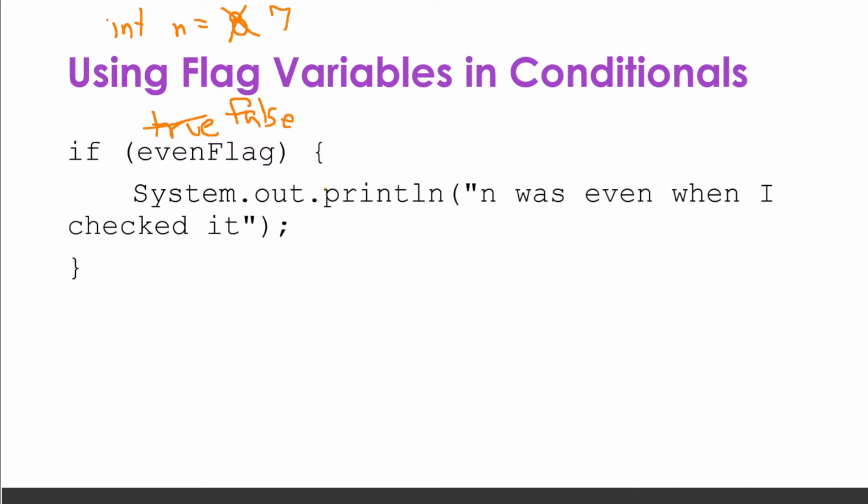Now, the only case in which that would not happen is if we had a little bit of a modification here, as if I added an exclamation point right here. Because in that case, it becomes not even flag, in which case it inverts the logic.